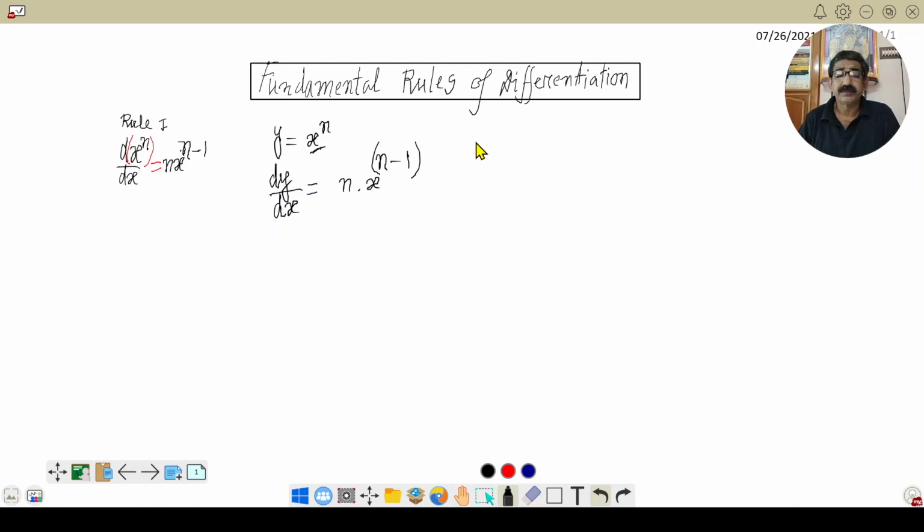Now let us take another example. Suppose example number 1, y is equal to root x.